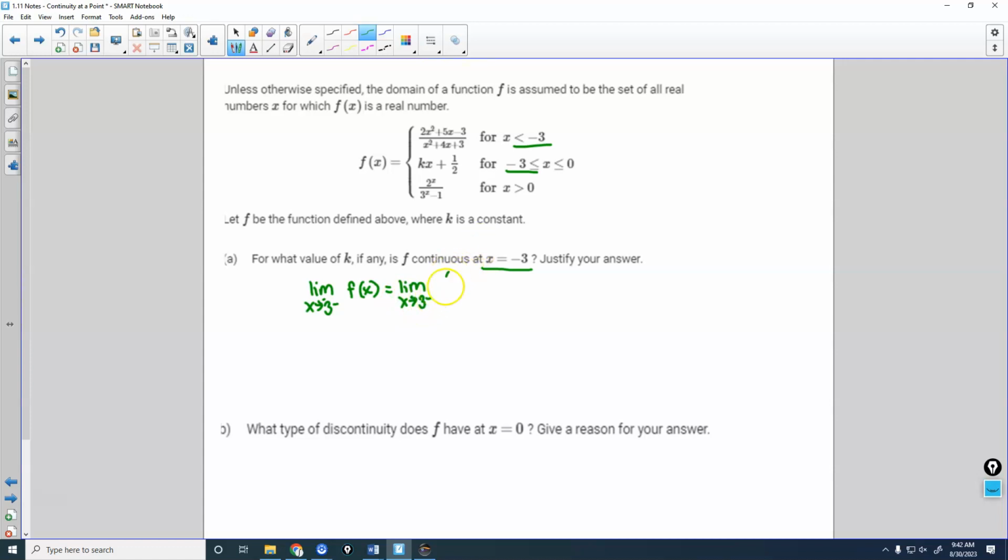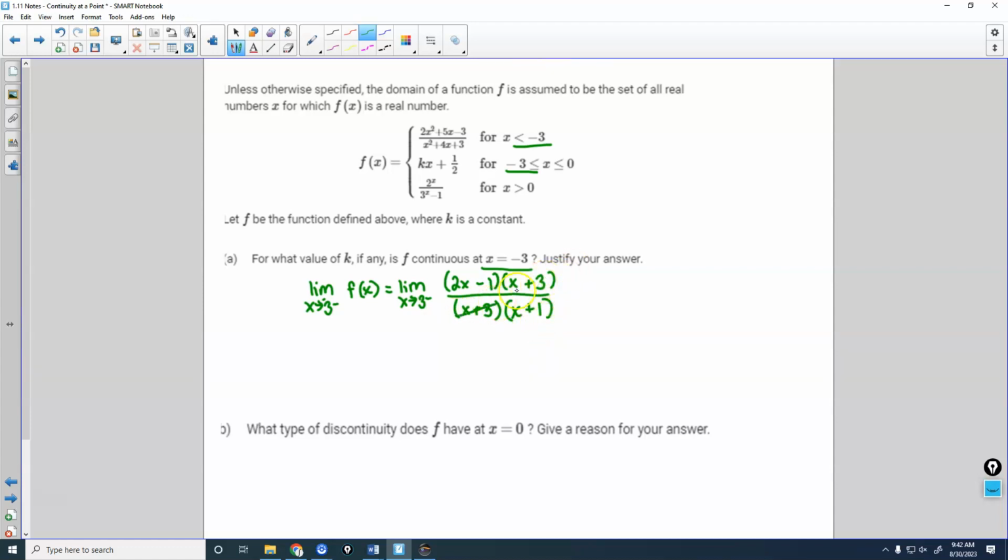So if I factor the top, I got a 2x and an x. Let's see, I'd have a plus 3 here and a minus 1. Does that work? Yeah, that'll work. And then the bottom, if I factor, I'll get x plus 3, x plus 1.